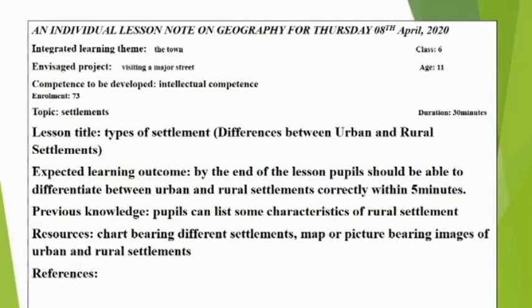Because at this level, you assume that pupils have some experiences and must have maybe grown up in a village, or some might have seen pictures of a village, and so certainly can list some of the characteristics of a rural settlement. We go to resources, which at times we refer to as teaching aids or didactic materials.